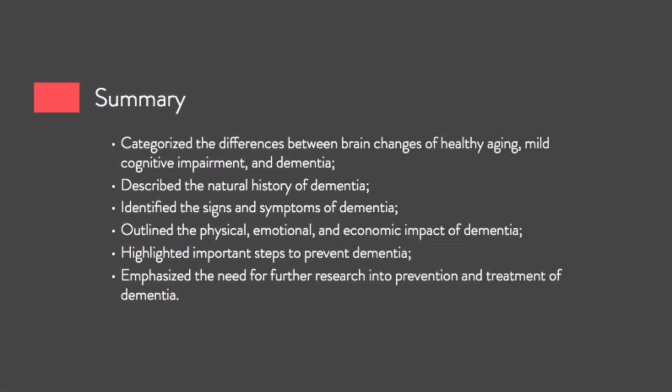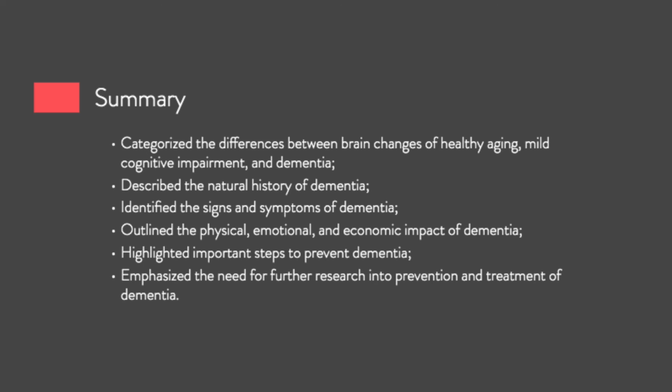In summary, we have categorized the differences between brain changes of healthy aging, mild cognitive impairment, and dementia. We have described the natural history of dementia, identified the signs and symptoms, outlined the physical, emotional, and economic impact of dementia. We highlighted the important steps to preventing dementia, and we emphasized the need for further research into prevention and treatment of dementia.